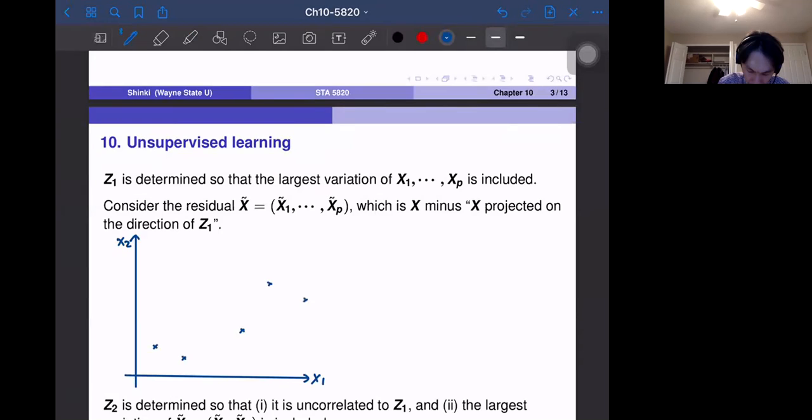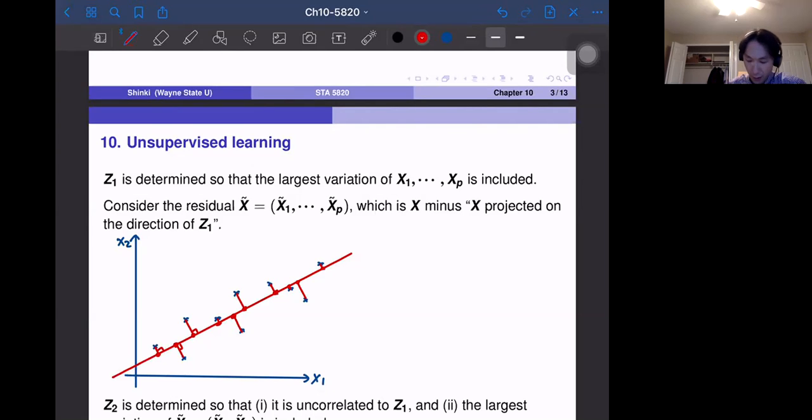If we have these observations, okay, so these are in the 2-dimensional space, but if you think about this straight line, and we project all observations onto this projected line, basically it keeps the majority of the information. So anyway, these observations are almost close to this straight line.